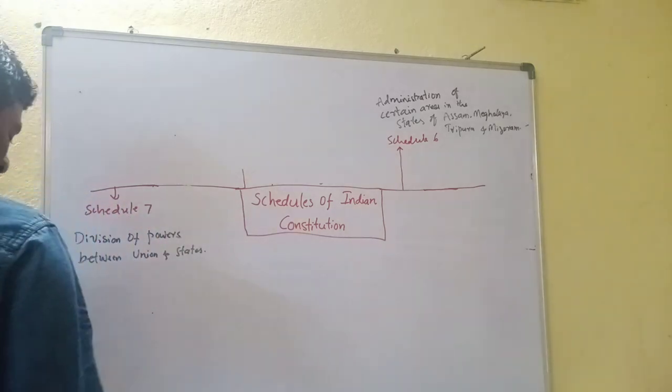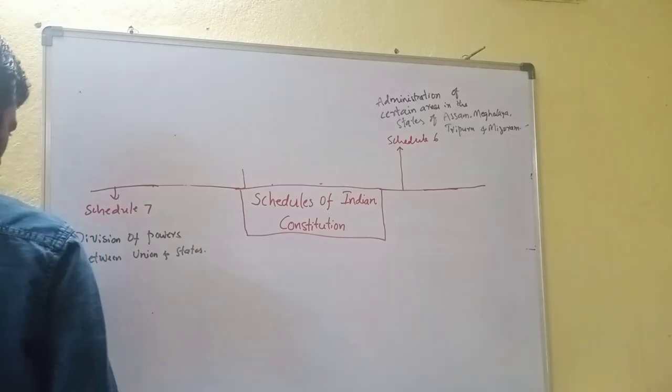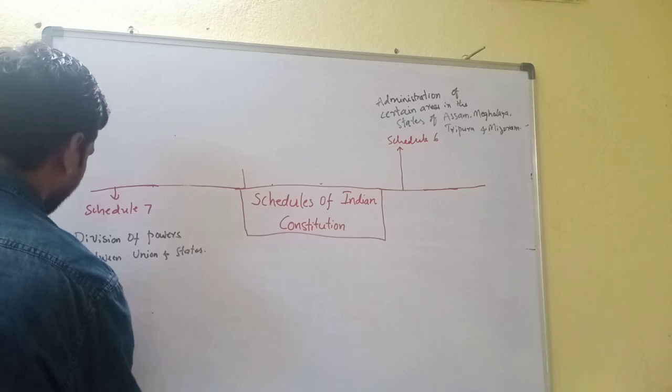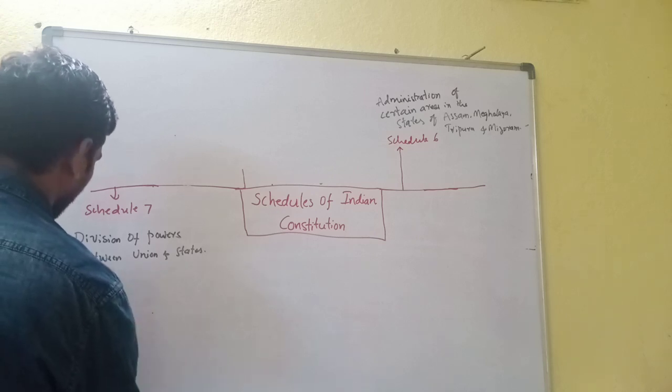There are 3 lists: one is the union list, another is the state list, another is the concurrent list.